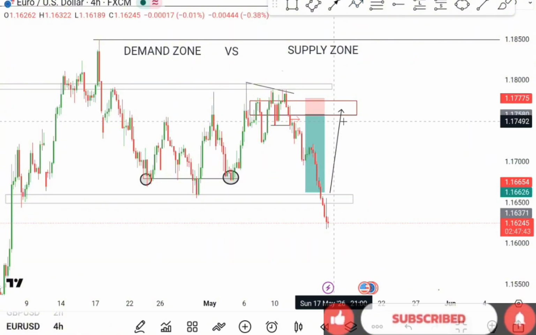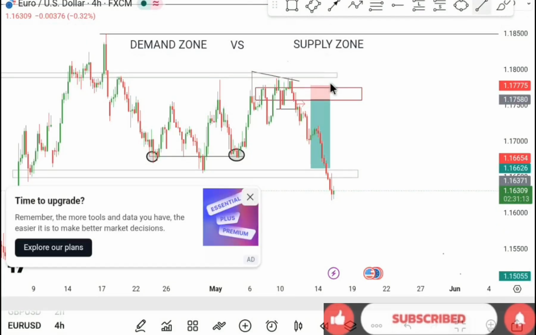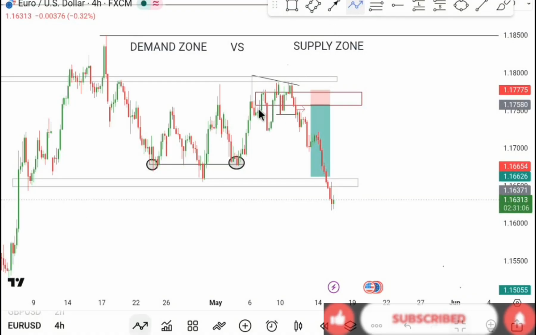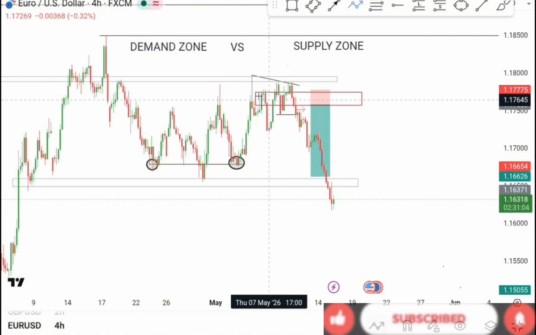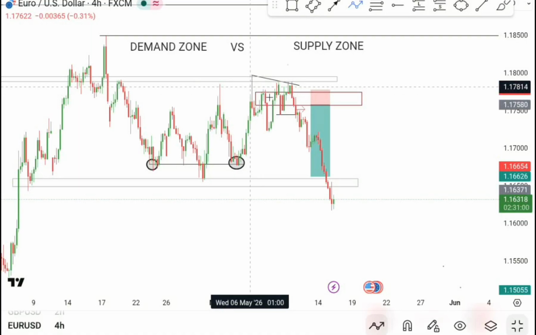So what do they do? They accumulate their position in stages, quietly, in a tight price range, often during those slow sessions like the Tokyo session. Then once they have built their full position, price explodes away from that area.